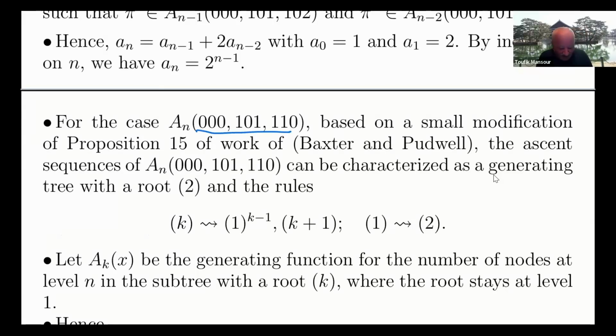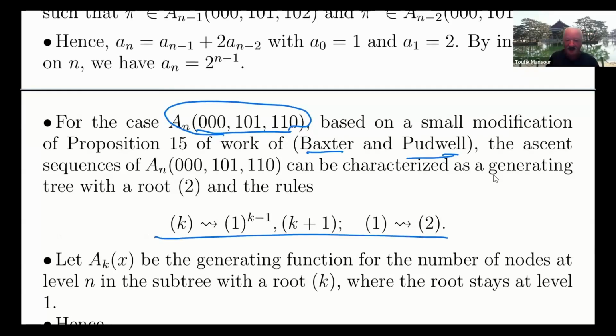The other case, here the problem: actually, Baxter and Pudwell showed that the generating tree for these ascent sequences is given by this generating tree.